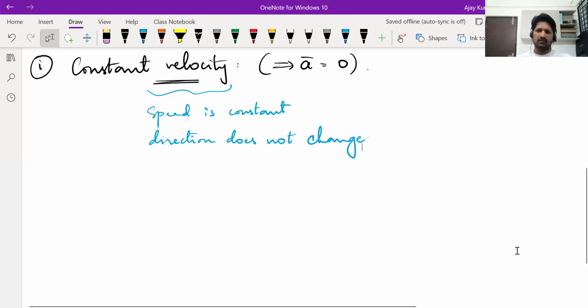Can any of you tell me the general equation of a straight line in the xy plane? What kind of relation between x and y gives you a straight line graph? That is my question.